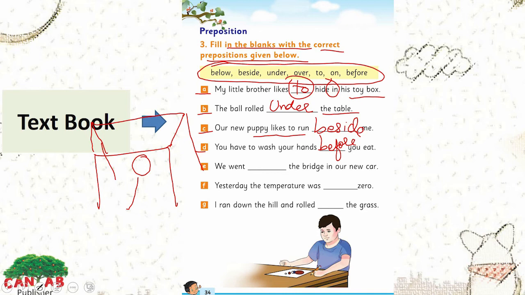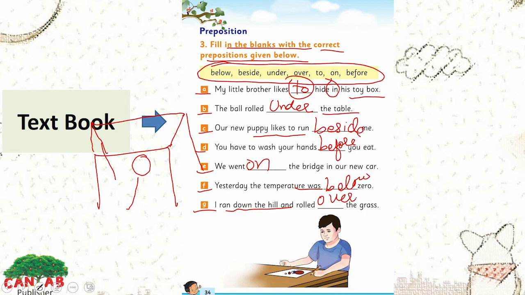We went on the bridge in our new car. Yesterday the temperature was, yes, below 0. I ran down the hill and rolled over the grass.